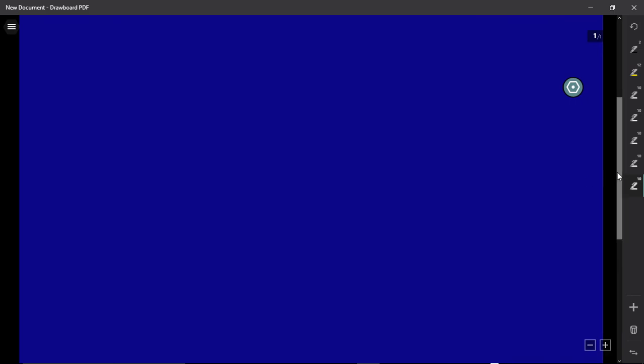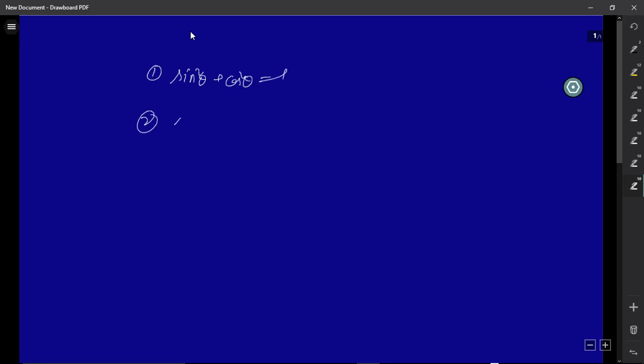Okay, so there are three trigonometric identities in trigonometry. The first one is sine square theta plus cos square theta is 1, secant square theta minus tan square theta is equal to 1, cosecant square theta minus cot square theta is equal to 1.